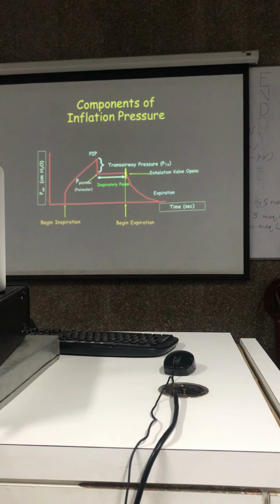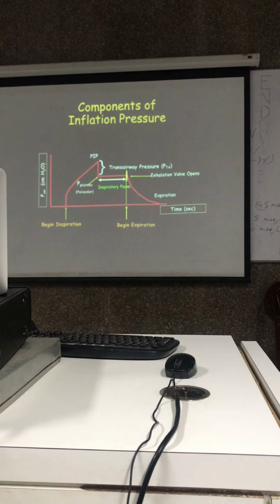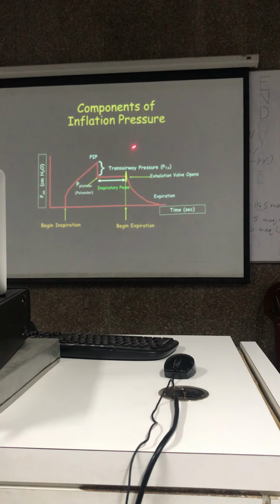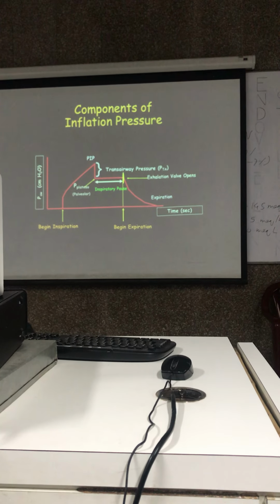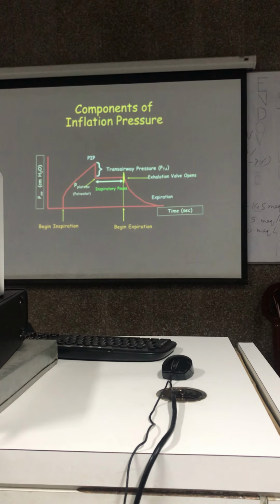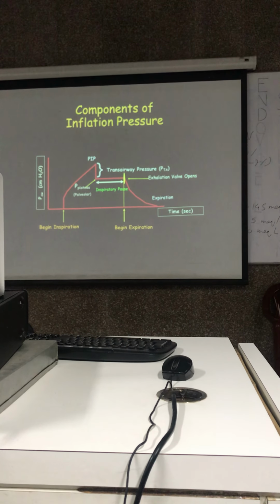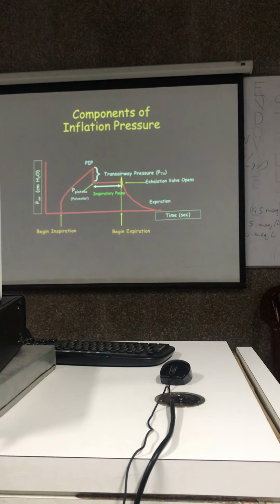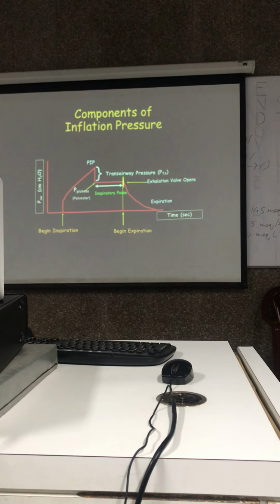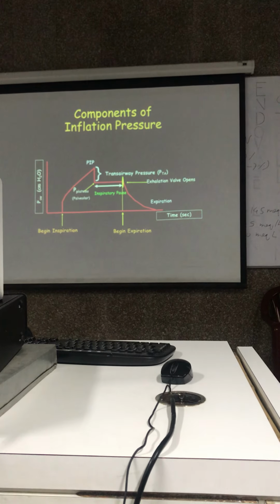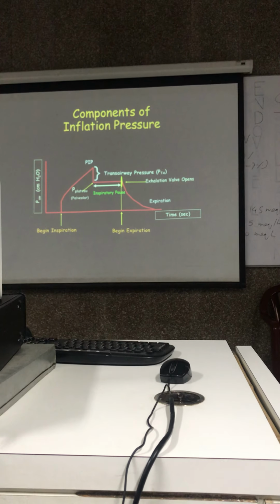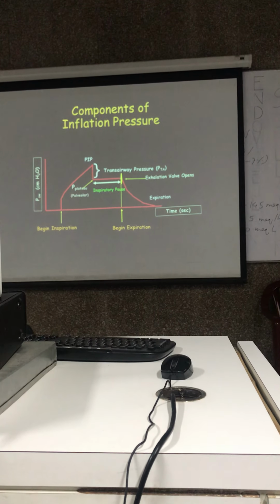So, the trans airway pressure is actually the peak inspiratory pressure minus the plateau pressure. That's the trans airway pressure. Alright? Okay? So, plateau pressure corresponds to the alveolar pressure. Basically, it tells you the compliance of the lungs. Okay? Right?